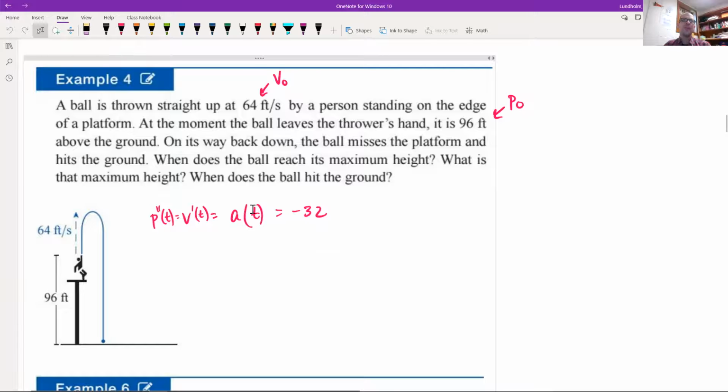Yeah, we're looking at a derivative here when we're looking at acceleration. So if we take an antiderivative, that first one would be, let's go purple, the velocity at time t would be negative 32 times t. We're undoing the power rule there.